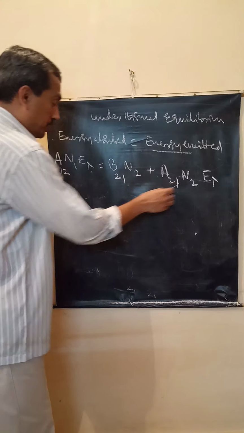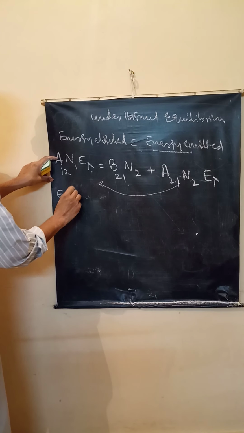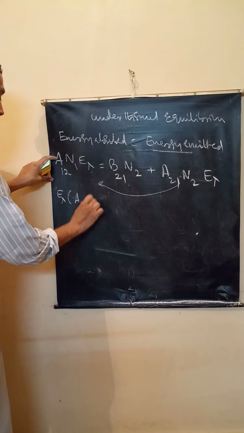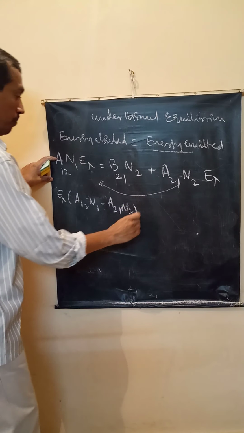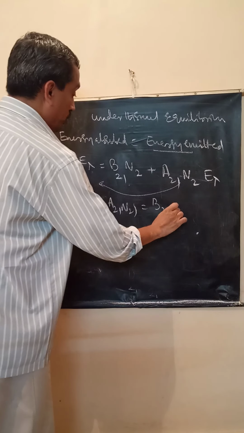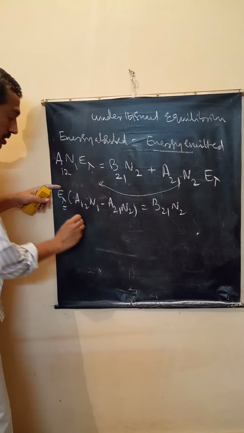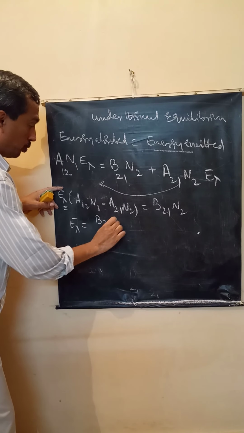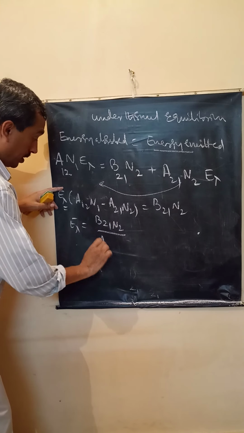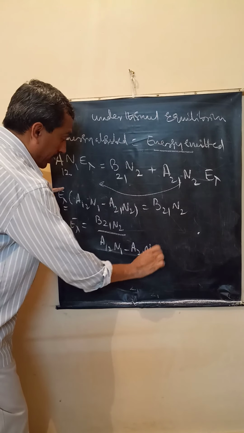So now I'll bring this term to the left-hand side. See here, E lambda times (A12 N1 minus A21 N2) is equal to B21 N2. So the energy density E lambda equals B21 N2 by (A12 N1 minus A21 N2).